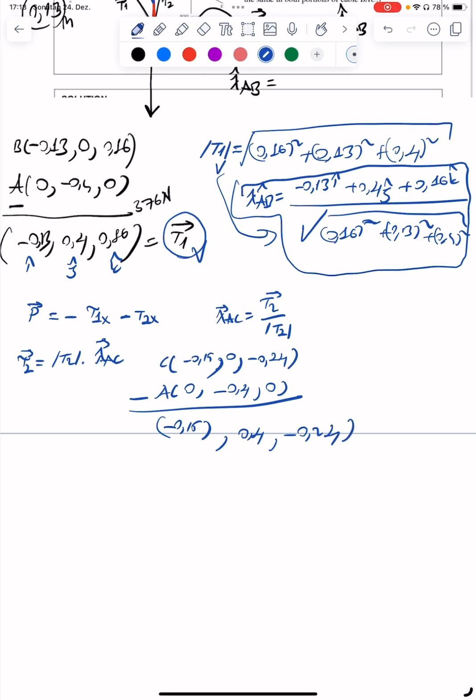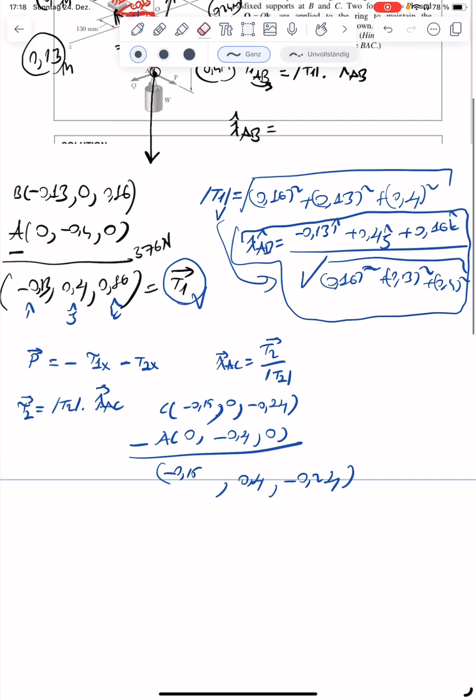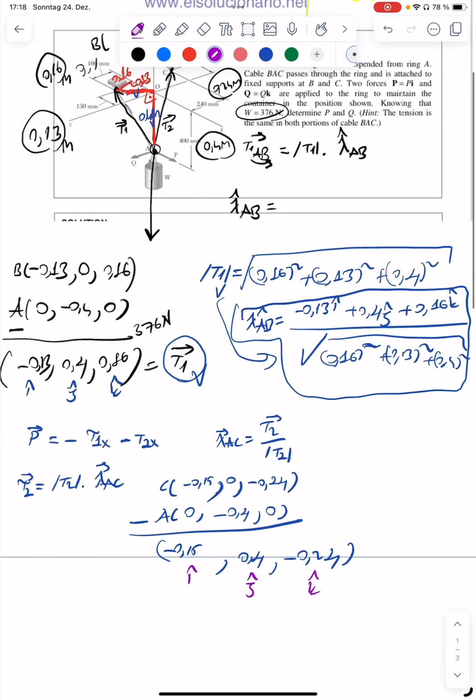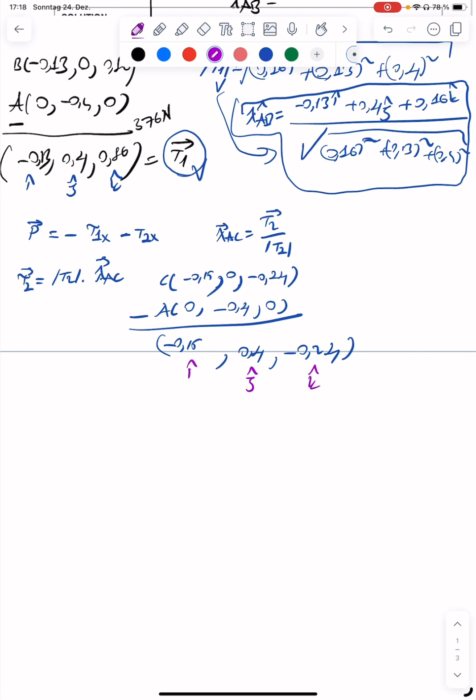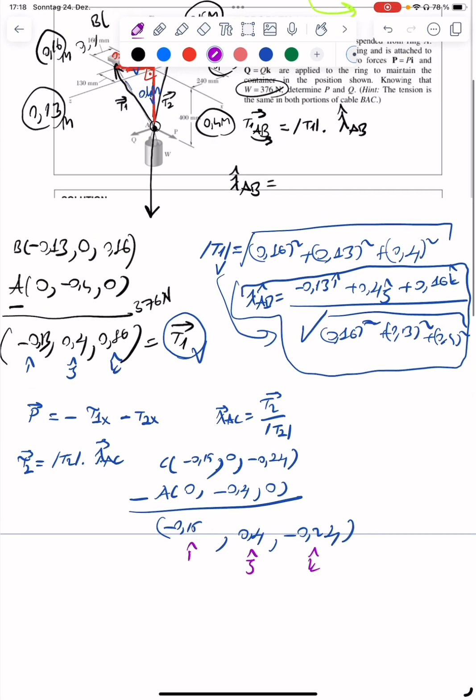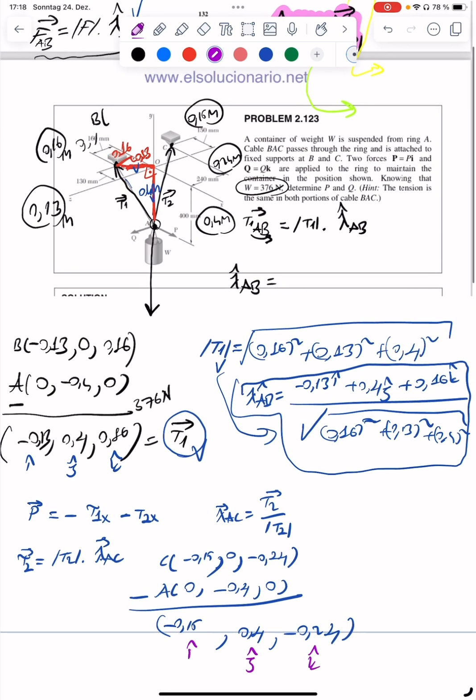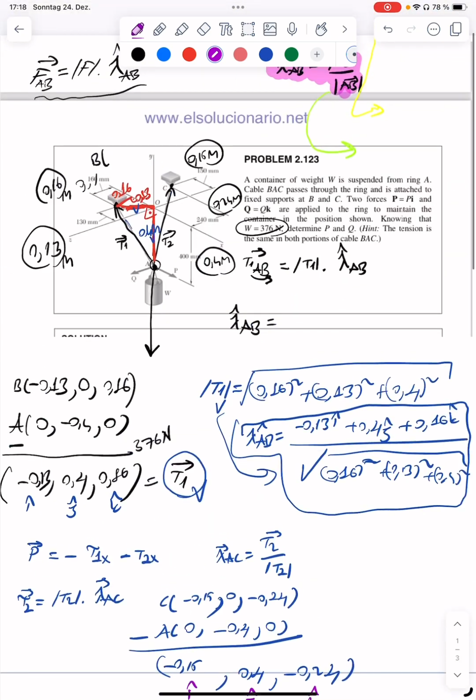Okay, it is i hat, sorry, it is i hat, it is j hat, it is k hat also. Okay, we can continue.